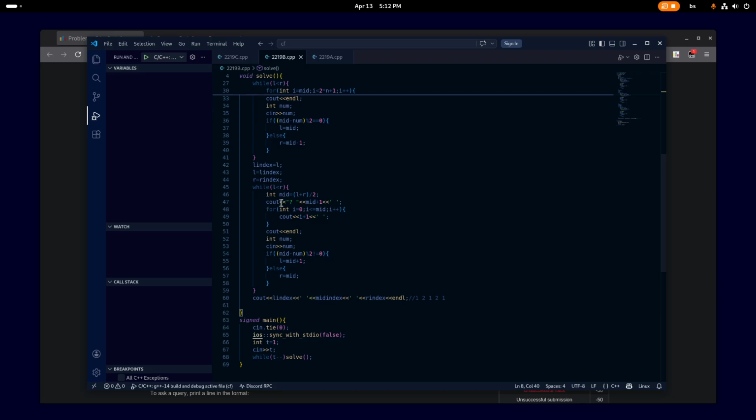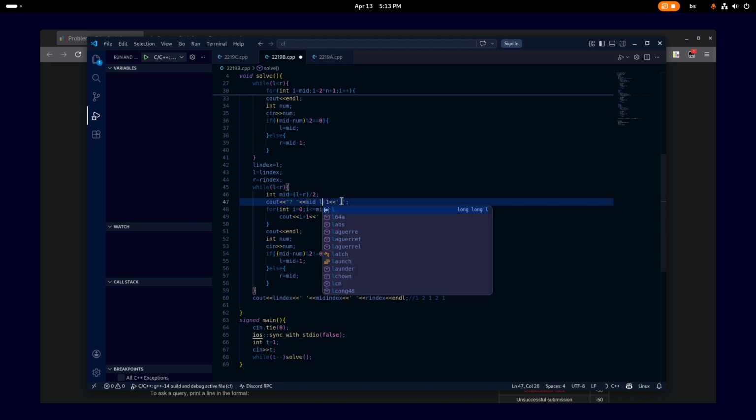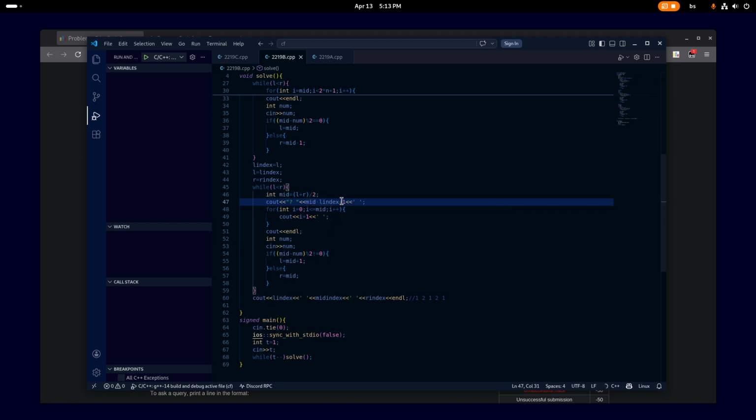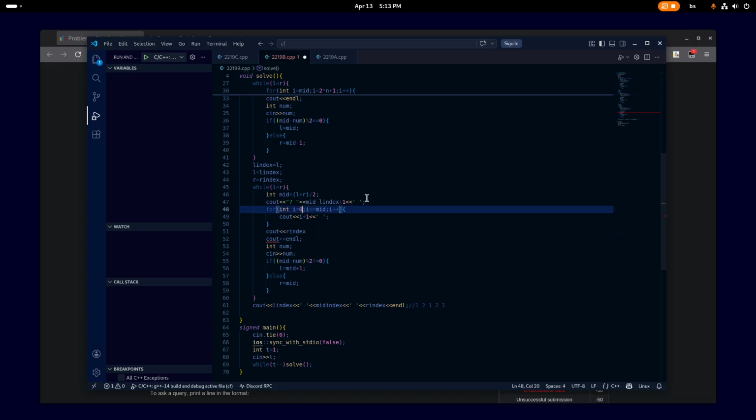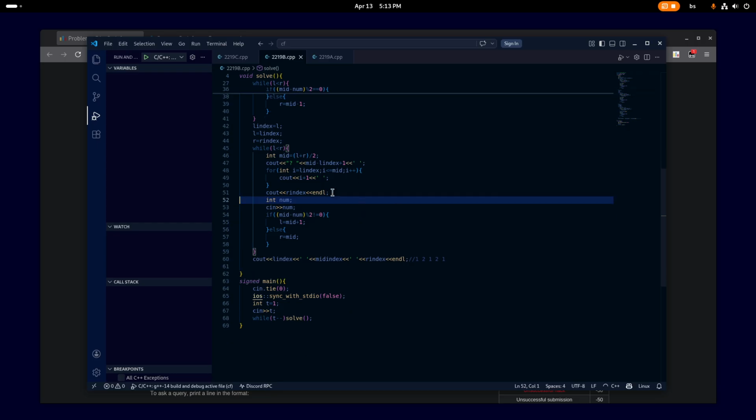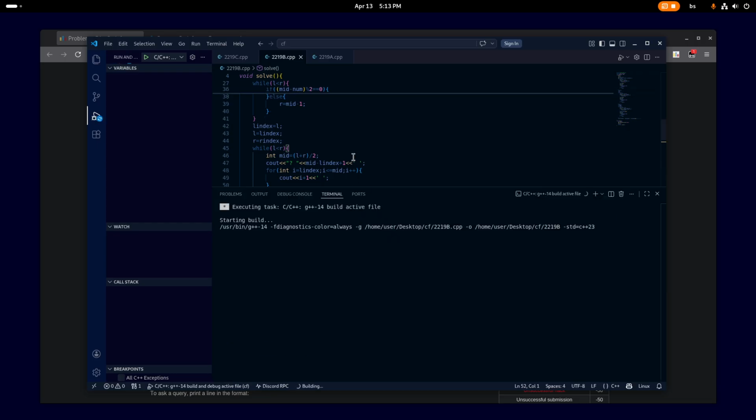Yeah, this is fine. This is okay. Now the only difference here is that this will be like distance from mid to L, or rather left index +1, because I want to print the right index too. And the same thing goes here.